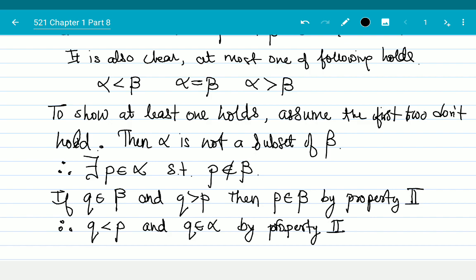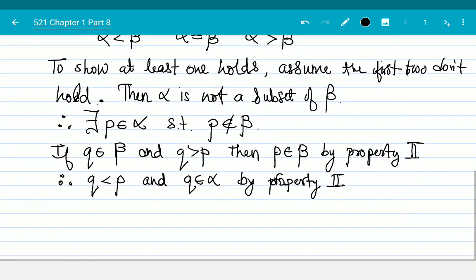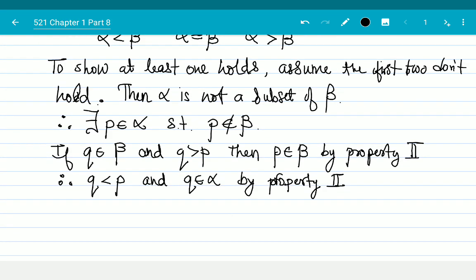Again, property 2 says, well, P is in alpha, Q is smaller than P, then Q is in alpha. Therefore, every element of beta is an element of alpha.